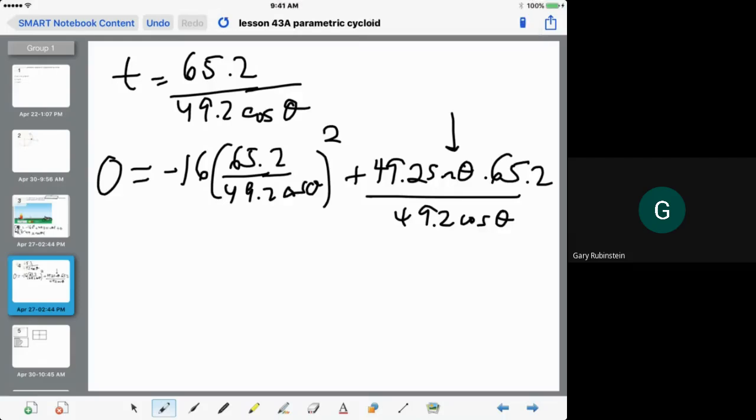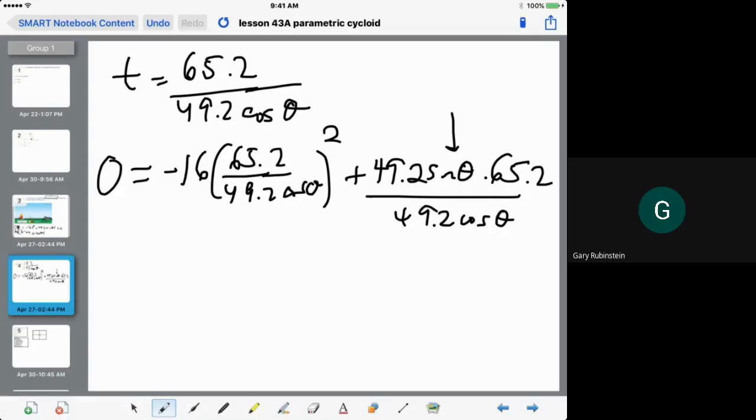Anyone know what a nice next step might be? Someone mentioned substitution. Yeah, go ahead. If you multiply 49.2 by t, you end up with 65.2.